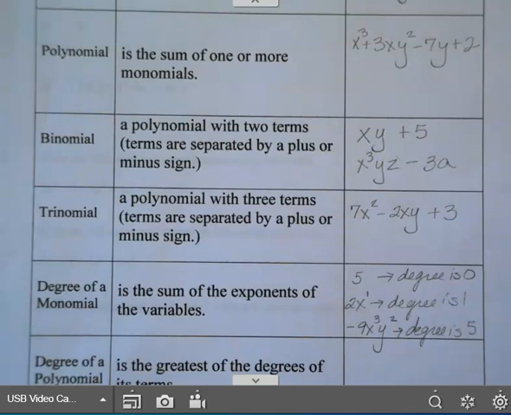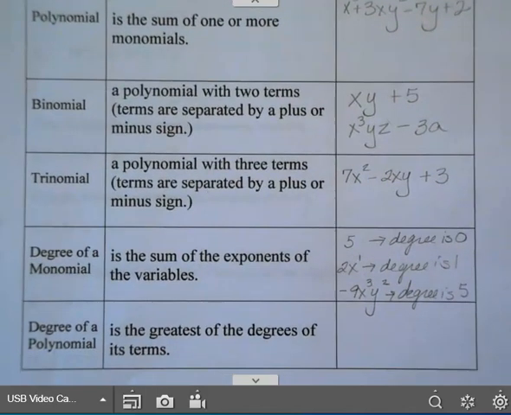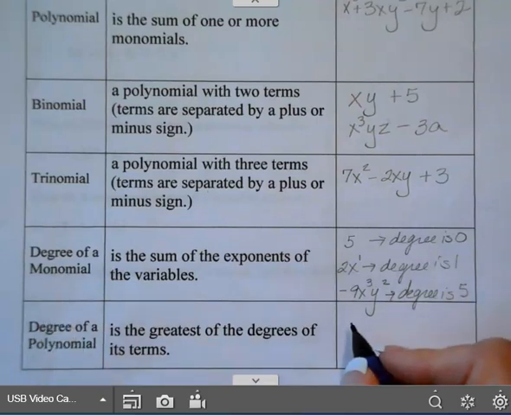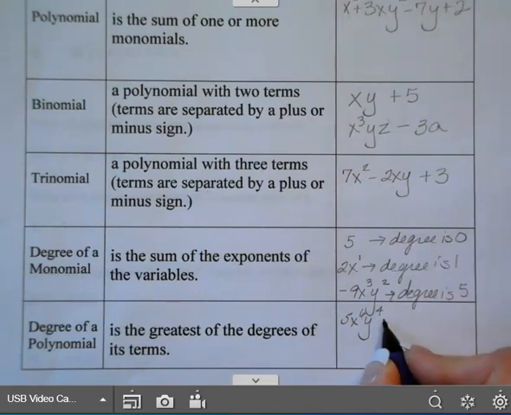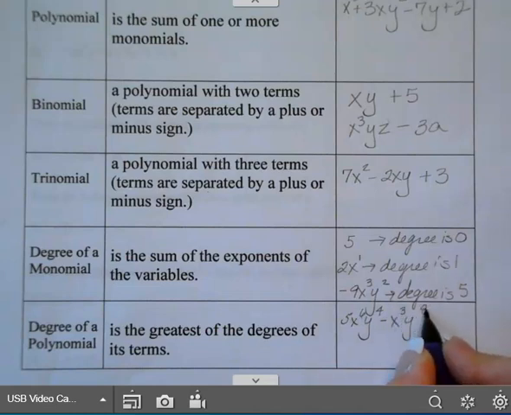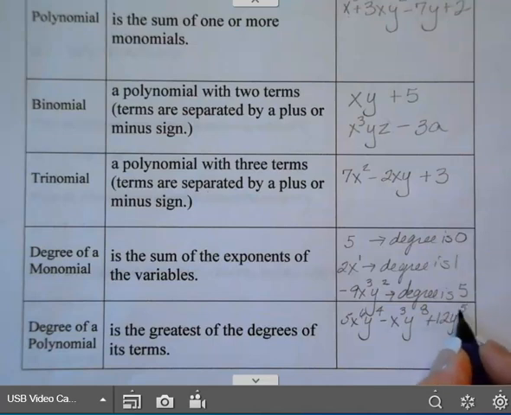If you have a polynomial, instead of 1 term, you have more than 1 term. You'll have to look at each term separately and look at the degrees. So suppose I have 5x to the 6th, y to the 4th, minus x cubed y to the 8th, plus 12y to the 5th z to the 5th.